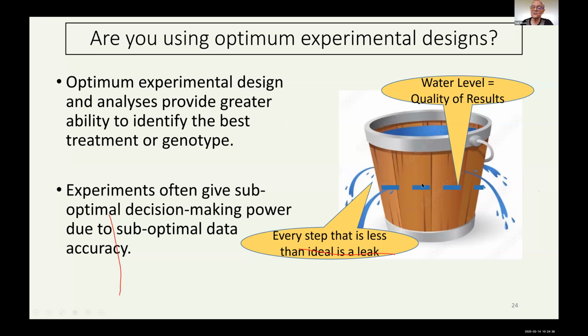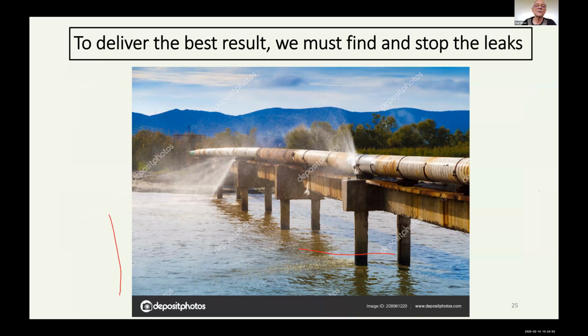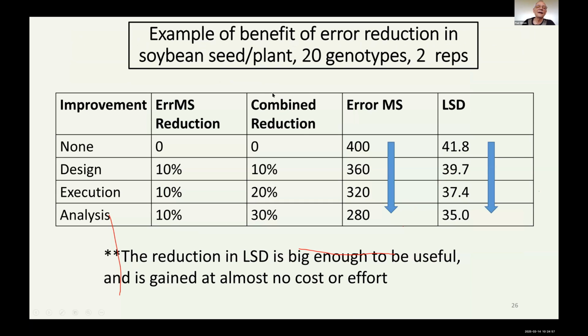And what happens is those leaks accumulate and the quality of results goes down to where you have half the accuracy you were aiming for. So we must find and stop those leaks. And when we can reduce those leaks, reduce those inaccuracies, it really helps.